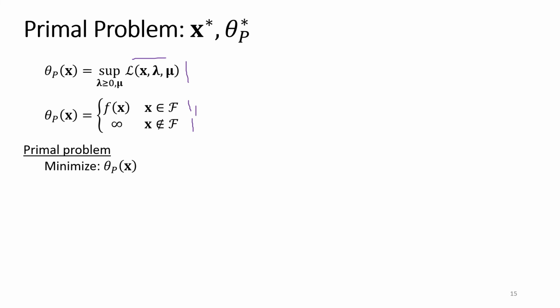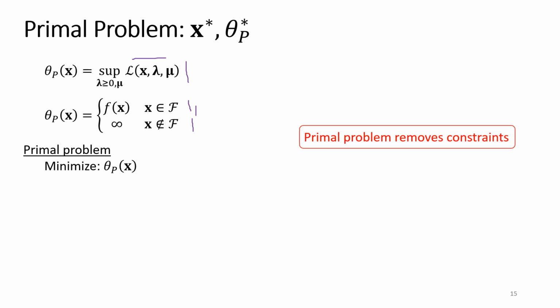Primal problem. The primal problem is to minimize theta p of x, the primal function. The primal problem removes constraints. We don't have any constraints when we do the minimization of the primal function theta p of x. This is unlike the original optimization problem, which had inequality and equality constraints.